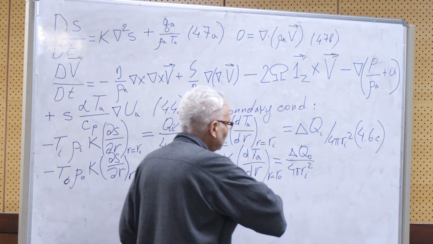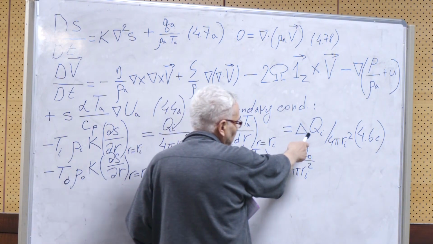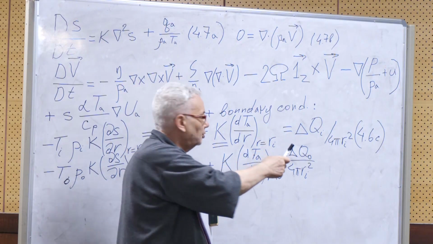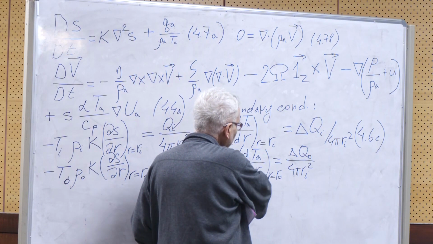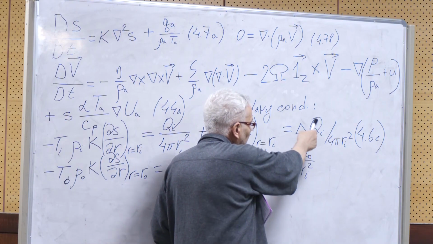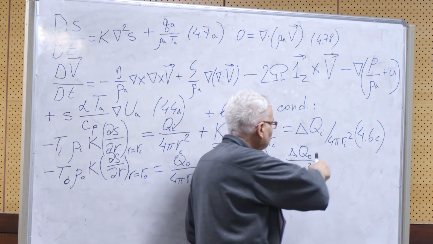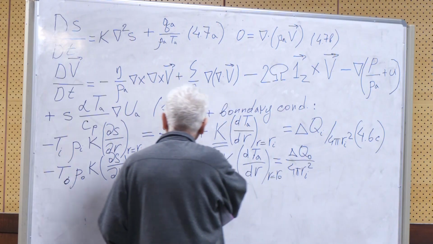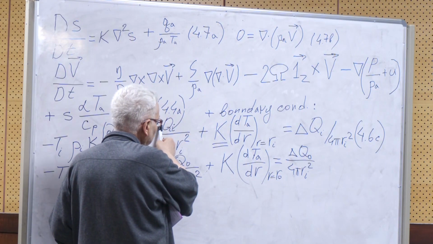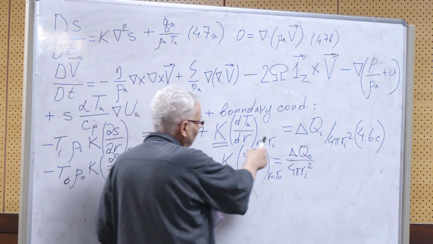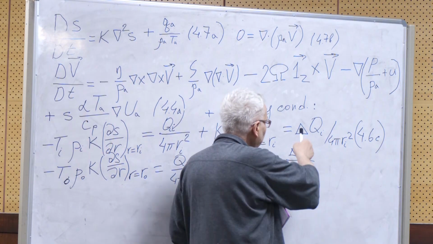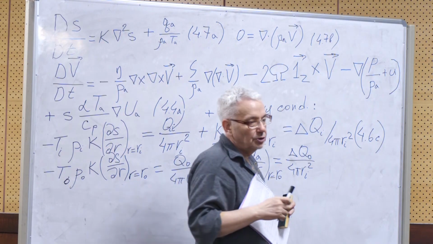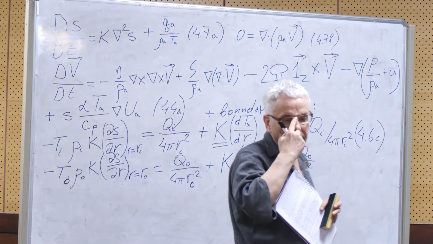Just for your convenience and better understanding, I added this term. From this formula, if it is with a positive sign and this heat flux is larger than the adiabatic one, then we have a positive contribution here, and this positive contribution corresponds to the support of the convection.